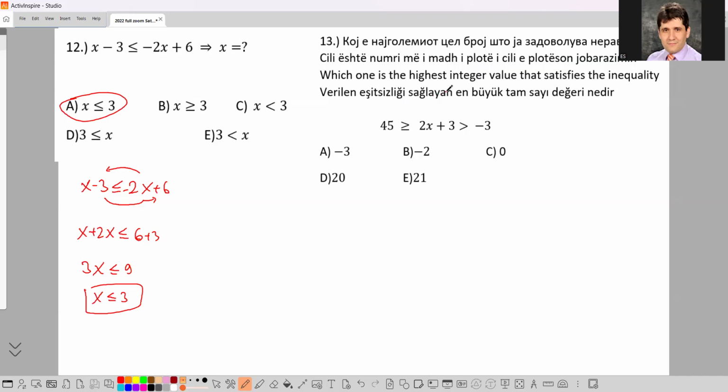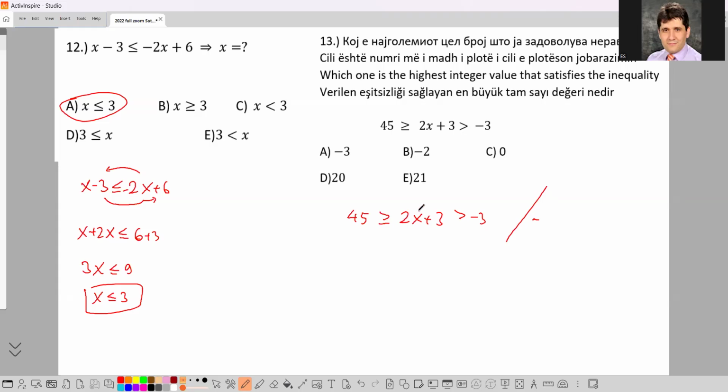Which one is the highest integer value that satisfies the inequality? Right, so we need to satisfy this inequality. What do we get? 45 is greater or equal to 2x plus 3 greater than negative 3. Last lesson, I mentioned that it would be a better idea to not think in terms of taking it to the other side, but in terms of add a number to both sides or subtract a number from both sides.